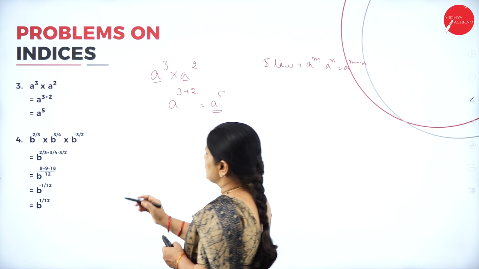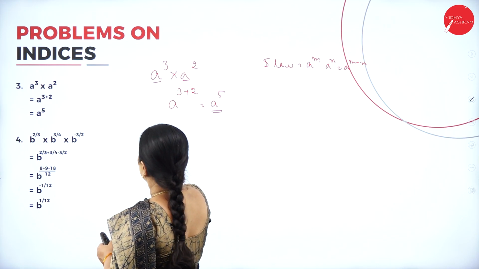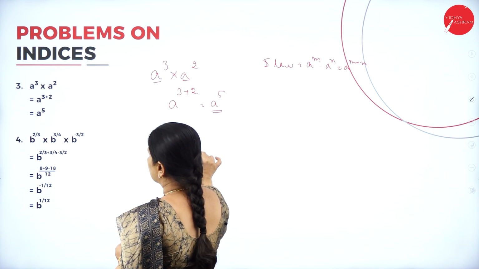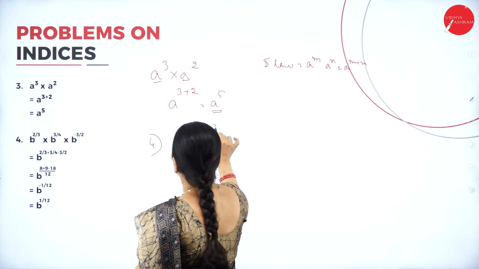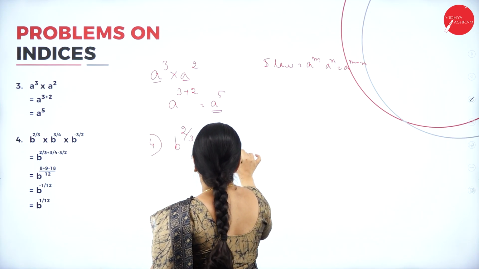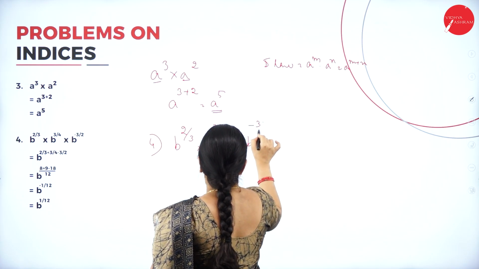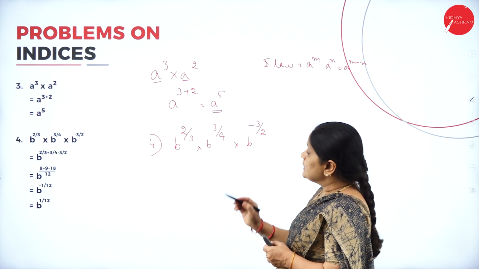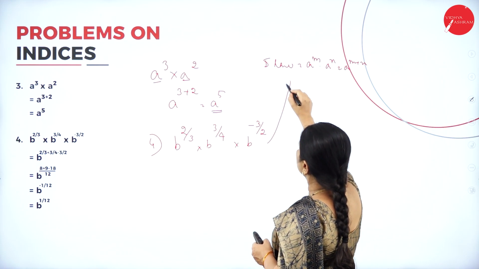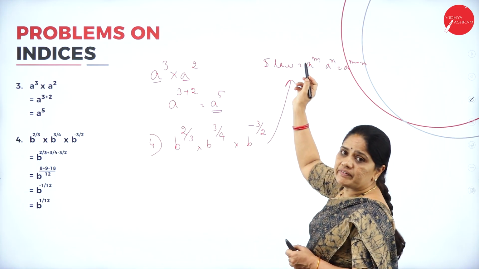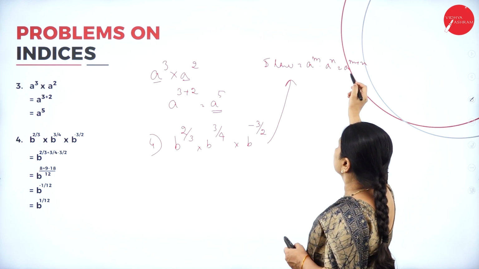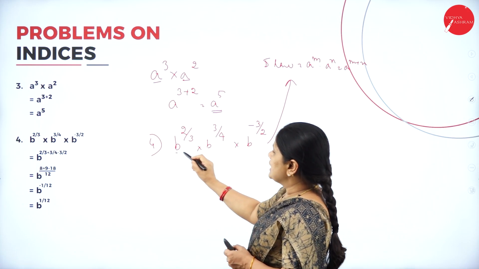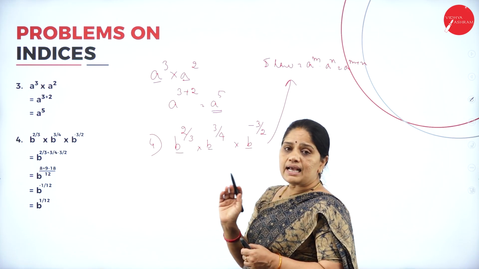Now, next problem, problem number 4: b to the power of 2 by 3 into b to the power of 3 by 4 into b to the power of minus 3 by 2. Again, this is a problem based on the first law, that is a to the power of m into a to the power of n equals a to the power of m plus n. You can see here the bases are same.